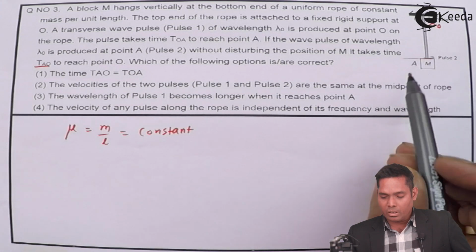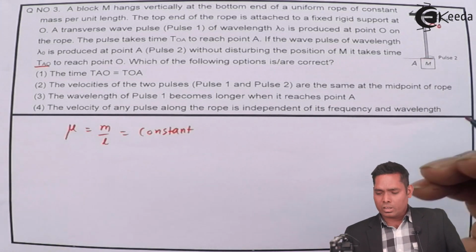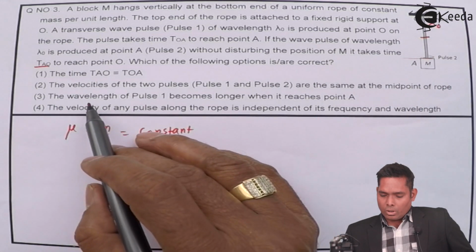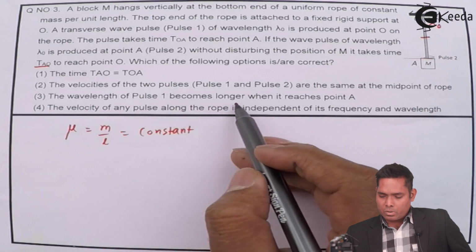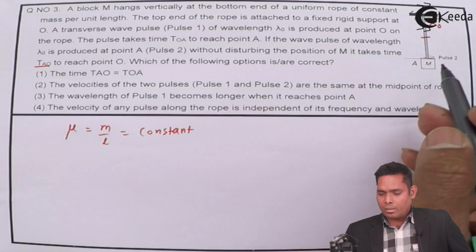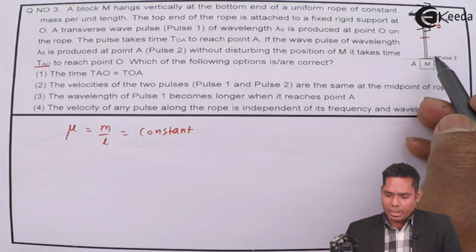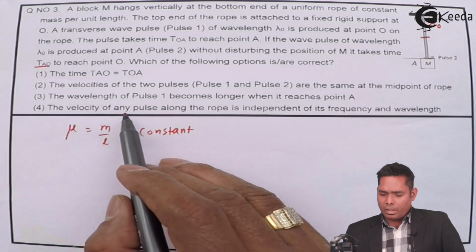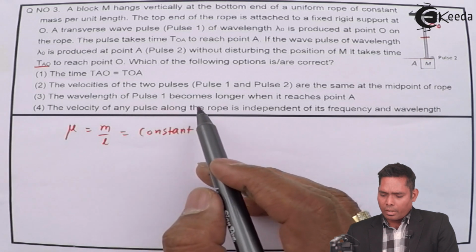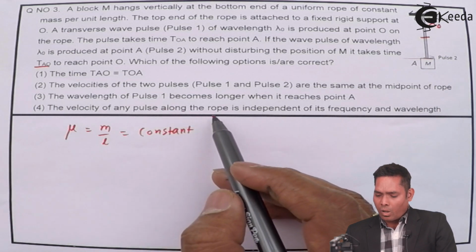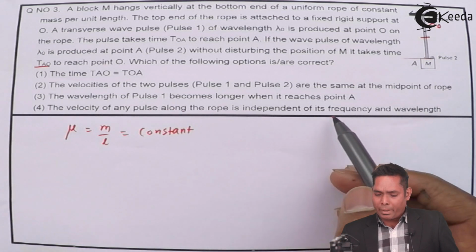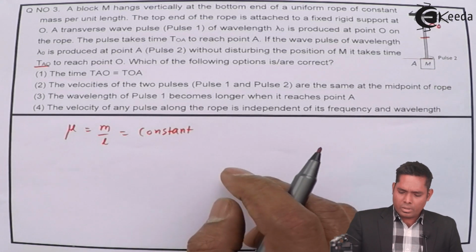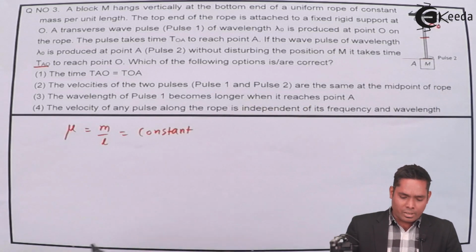Whether the wavelength of pulse 1 becomes longer when it reaches point A. And the velocity of any pulse along the rope is independent of its frequency and wavelength. That way to analyze everything.